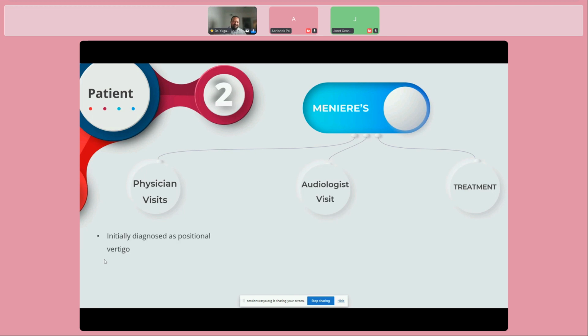I'll share more information. In the initial visit, he was diagnosed again as positional vertigo, like 14 years back, and we still see the same diagnosis, even though it's not a diagnosis. And then eventually he was diagnosed as Meniere's by many physicians and treated by many physicians for Meniere's and so on.